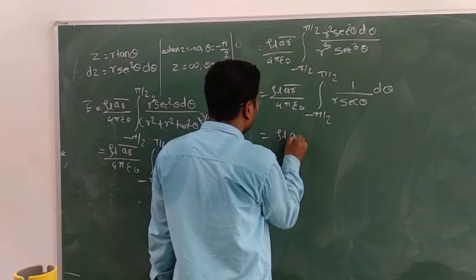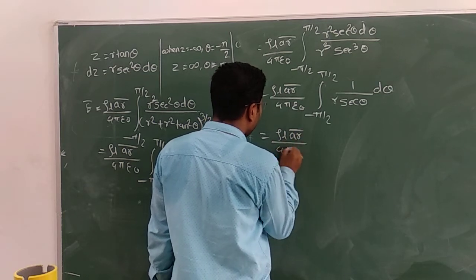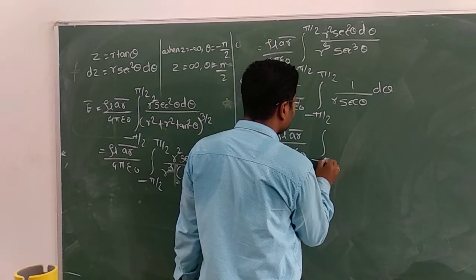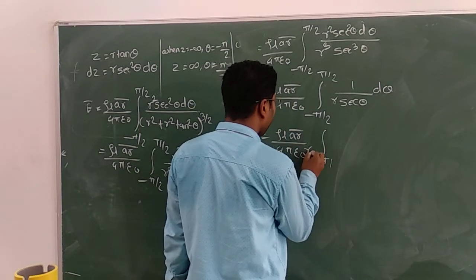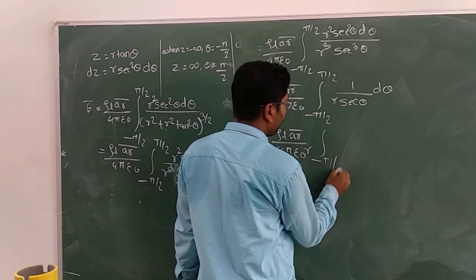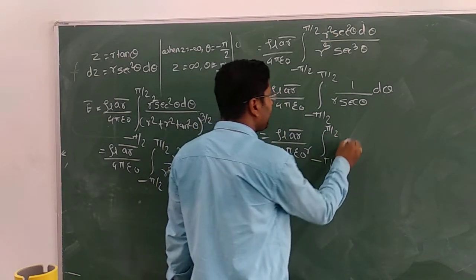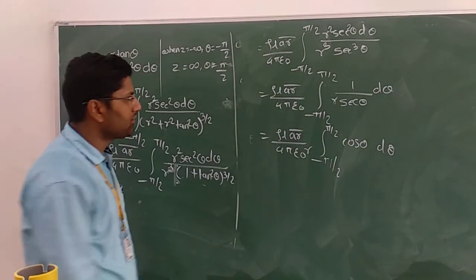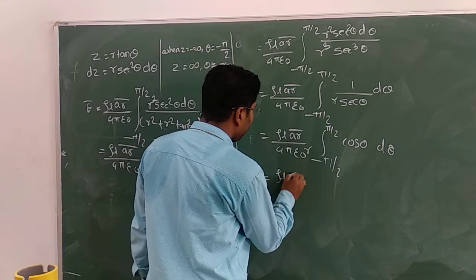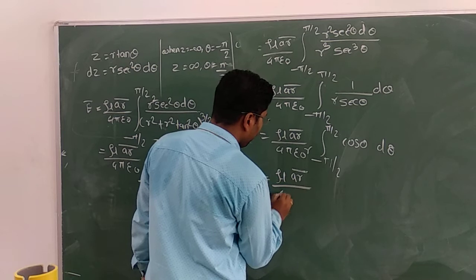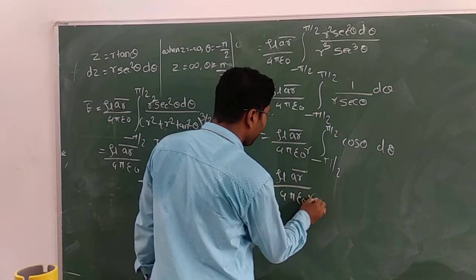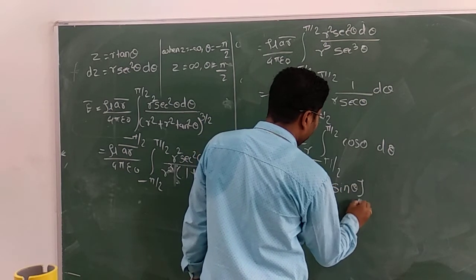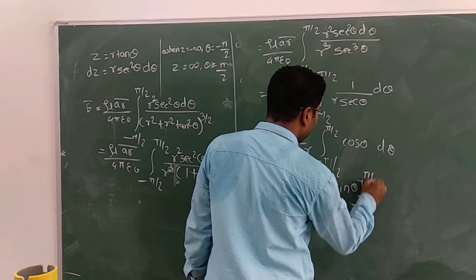So r gets common, and the integral of 1 upon sec theta, that is cos theta d theta. Now take the integration of cos theta, it is sin theta. So rho L AR bar divided by 4 pi epsilon 0 r, sin theta from minus pi by 2 to plus pi by 2.